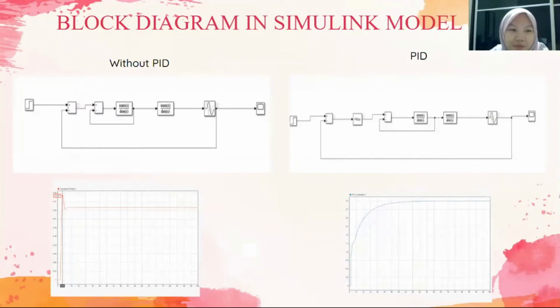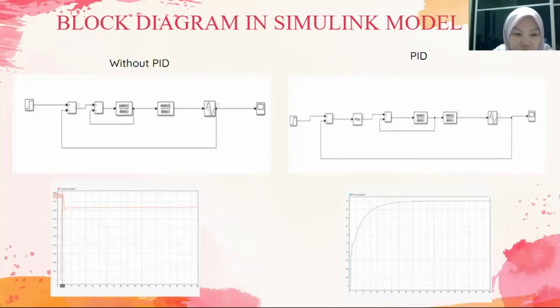So I will explain about the block diagram in the Simulink model. The right picture shows the Simulink model of the PID controller, and the left picture shows the Simulink model without the PID controller. At the bottom of the slide, we can see two graphs of the unit step response of without PID and with PID controller.